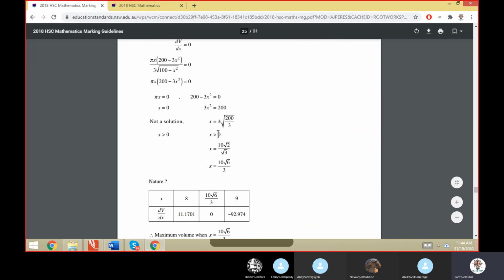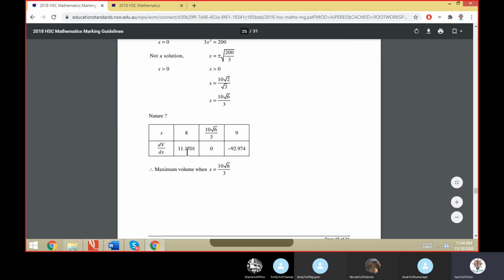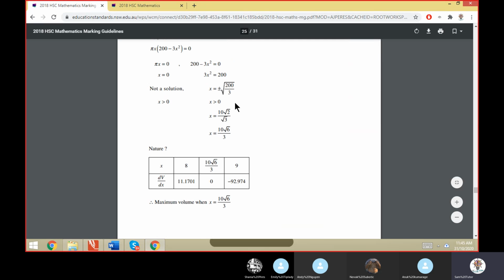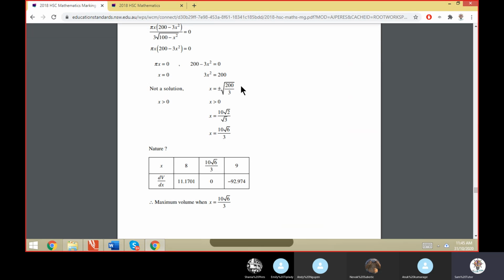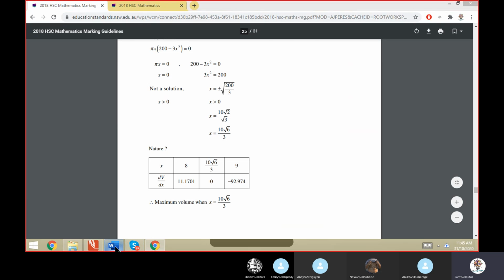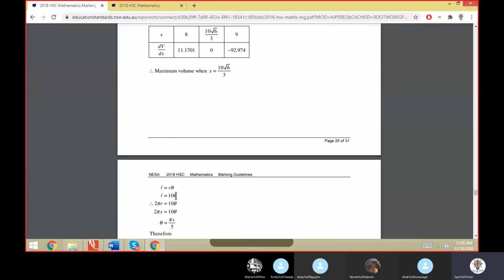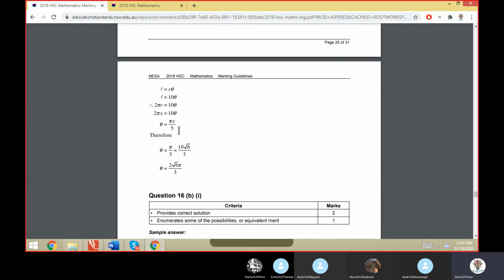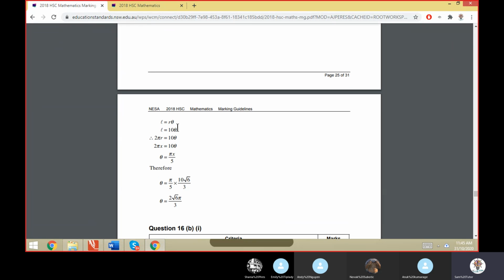Triple I, dv dx, x equals 200 on 3, 8 and 9, 200 root 200 divided by root 3, 8.16, what the heck do I have? X equals exactly theta.